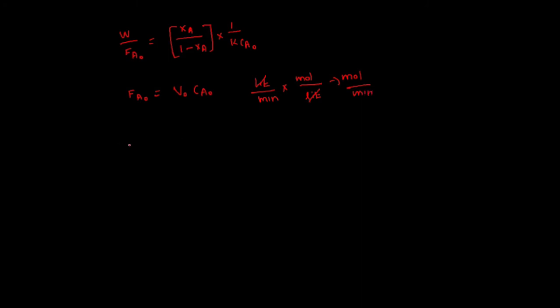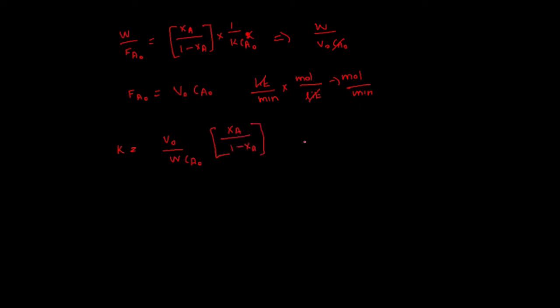Therefore, I can write this equation as W divided by V naught Ca naught, it is power 2. So this will be cancelled out, and I can rewrite this equation to determine k. This k equal to V naught divided by W Ca naught, Xa divided by 1 minus Xa.